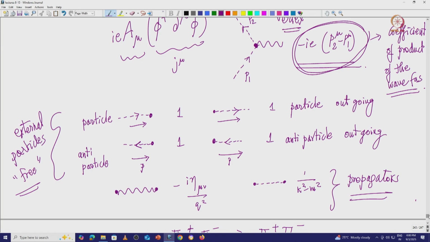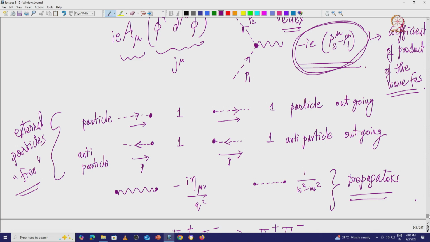The particle is represented with the incoming wave like this, and an antiparticle is represented by an opposite direction wave line like this, with the charge sign reversed. The same thing with outgoing: a particle in this particular fashion, and the antiparticle.